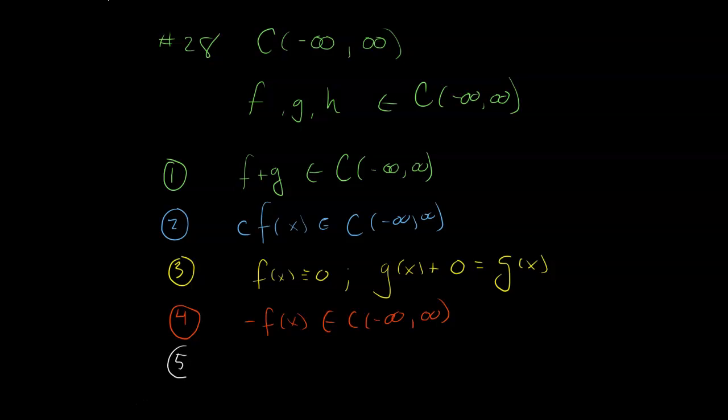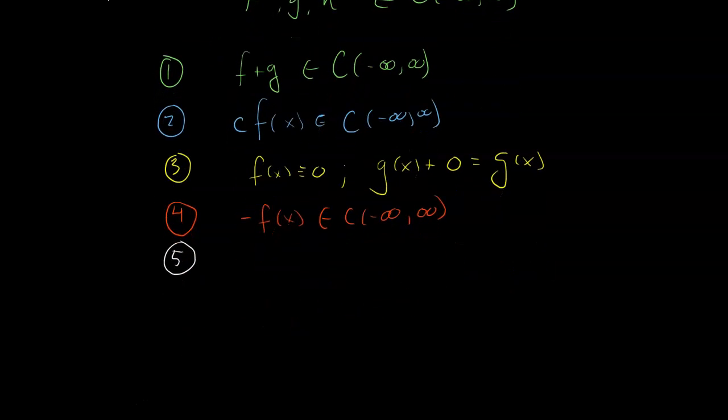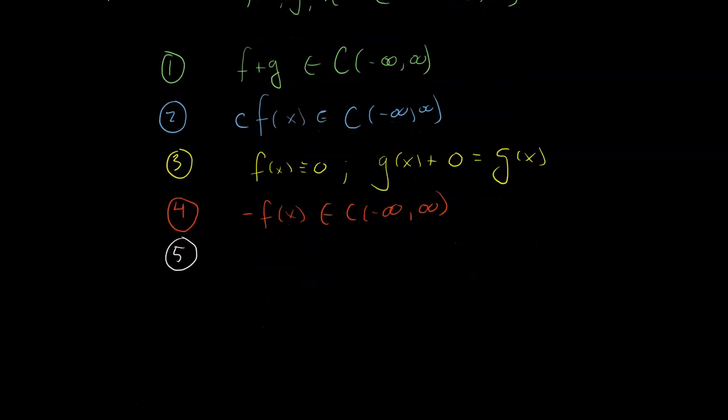Notice I'm not exactly proving these because these are results we have from calculus and algebra 2. Is it associative? Well, yeah. When you talk about adding functions, f plus g plus h is the same as f plus g plus h grouped differently. That's true for continuous functions as well. So that associative property is still true.